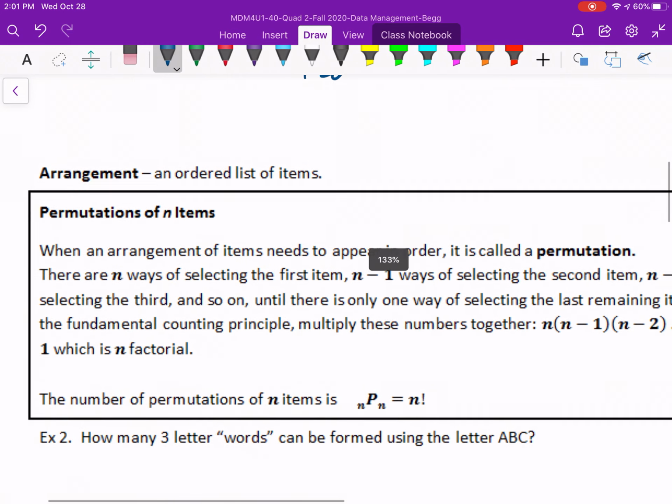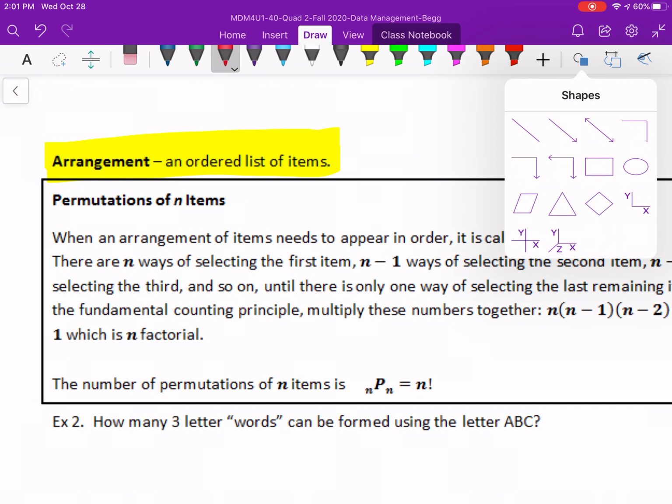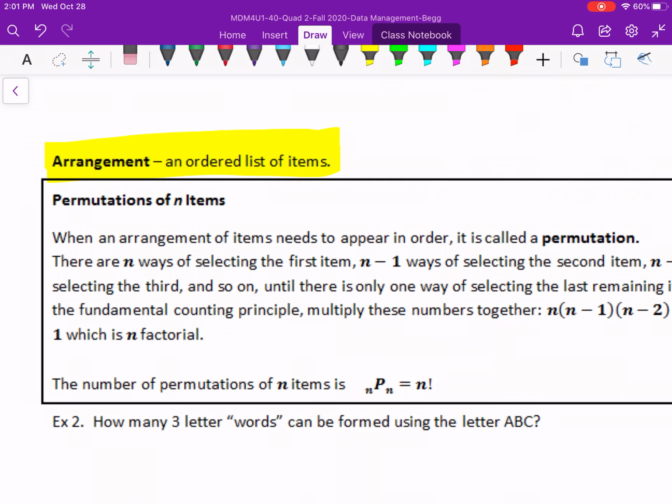So before I talk about a permutation, I want to talk about what an arrangement is. Put a nice little box around that. Beautiful. So an arrangement is an ordered list of items.